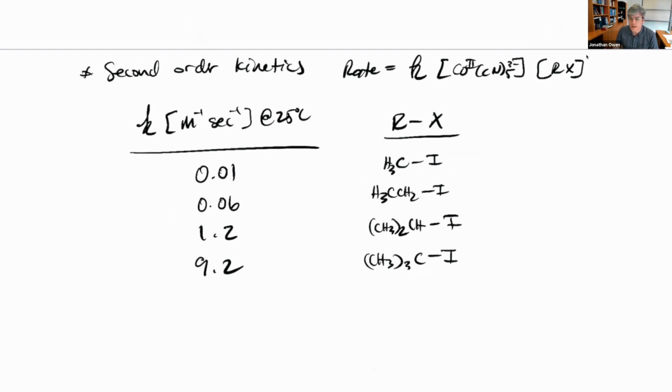And you see the rate goes up. Why does that happen? What's happening as we go this way?